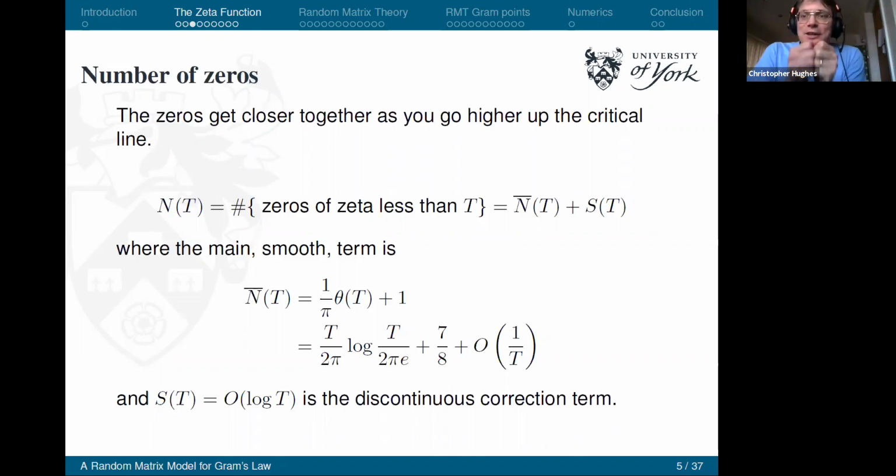That was the bit that you had in the poem at the start, plus 7/8, plus an explicit asymptotic expansion, which is a smooth thing. And the error to this, since counting functions are discontinuous jagged things, is this S of t, and that's small. Who was it? Von Koch, I think, showed that it was big O of log t back at the turn of the century, 1901, something like that.